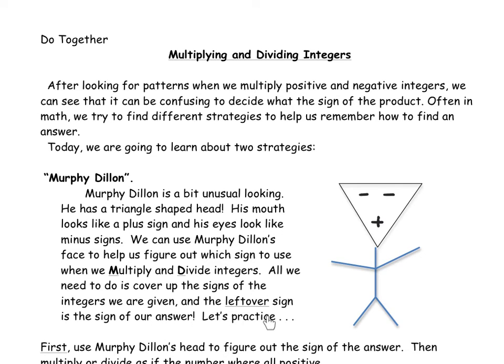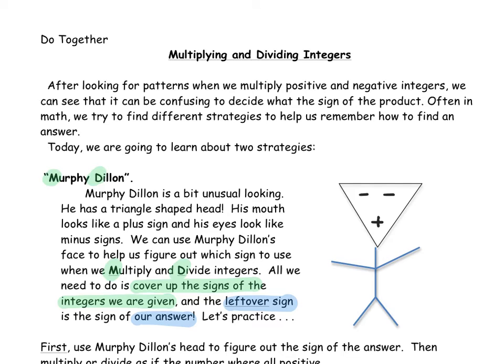Before we go on, I don't know if you noticed, but Murphy-Dillon is named after multiplying and dividing. And the most important sentence in here: we cover up the signs of the integers that were given, and the leftover sign is the sign of the answer.